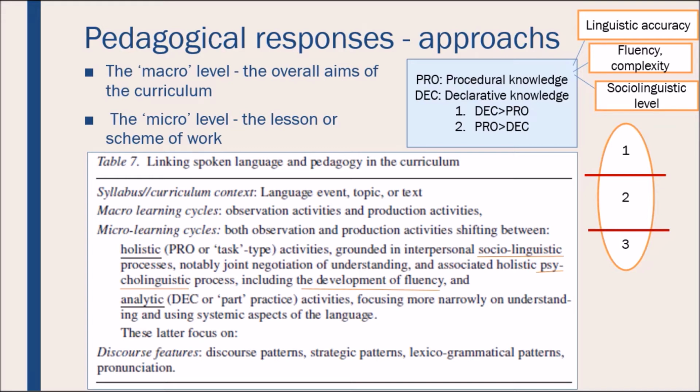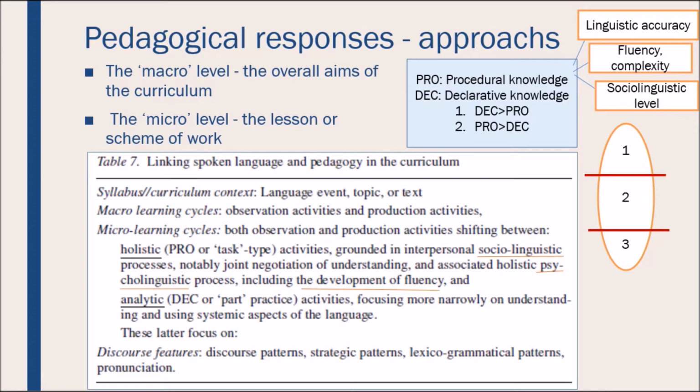For example, if you want to discuss and only cover procedural knowledge in your curriculum, so everything that you define in your curriculum and teach in the classroom orbits around the topic of procedural knowledge, and that's macro level.